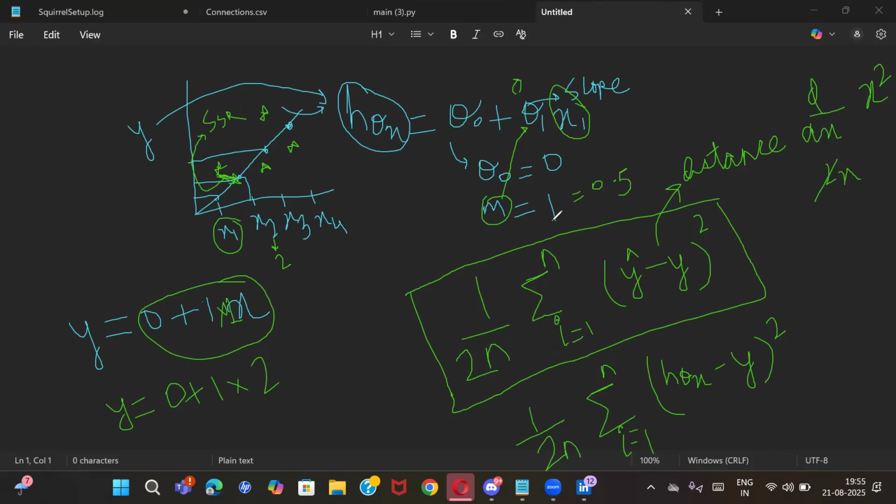Let's execute it. What will my y value be? x is 1 and theta 1 is 0.5, so similarly 0.5.